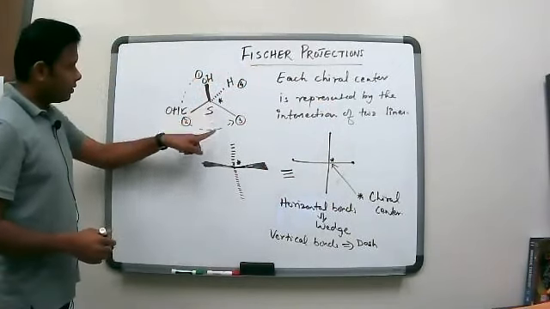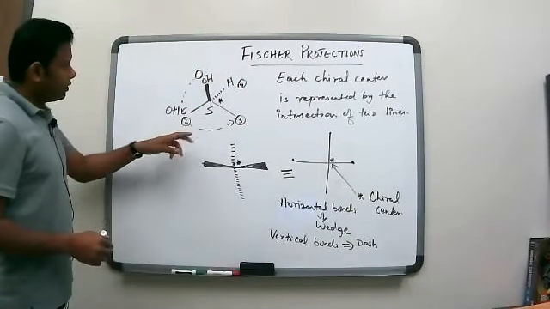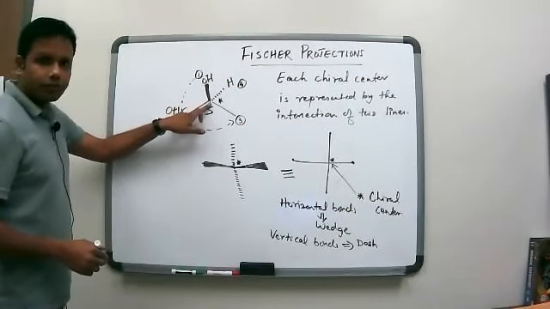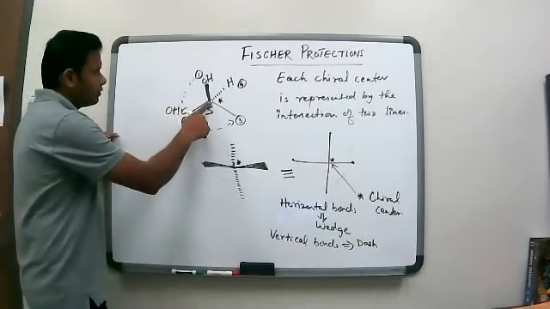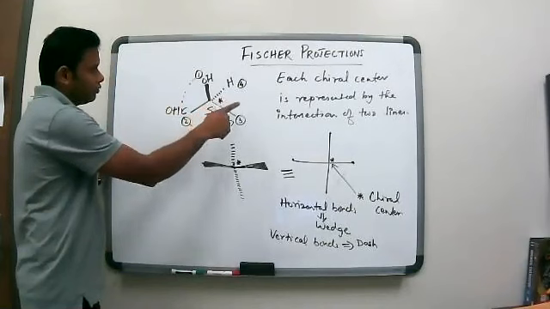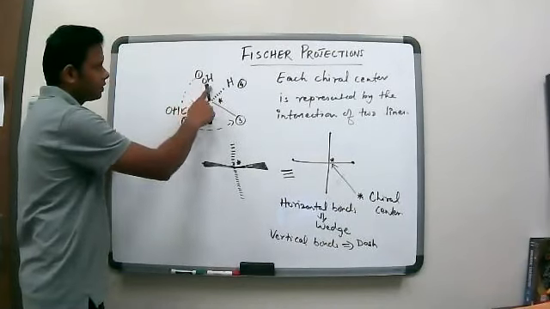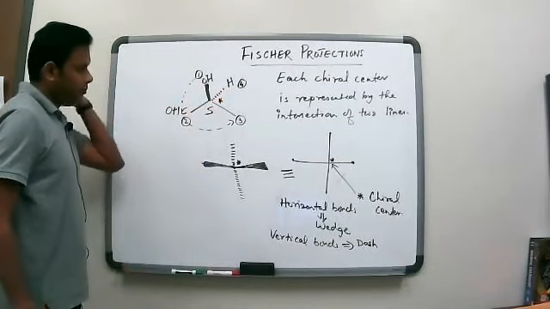Now, if we relate this to our molecule here, if you look at the chiral center, our chiral center has 4 different groups. There is a methyl group, there's an aldehyde group, there's a hydroxyl group, and there's a hydrogen.